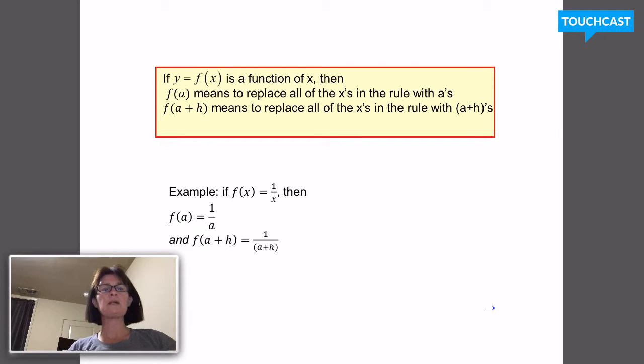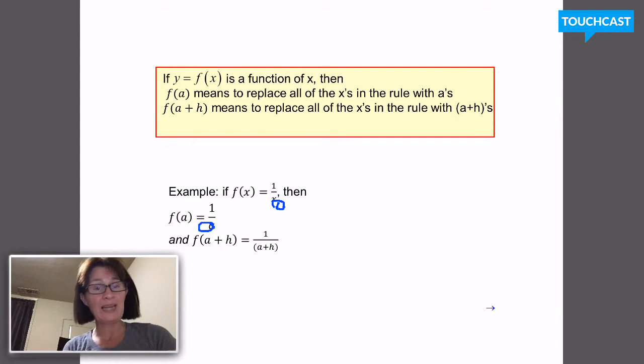So some examples here. If f of x is 1 over x, then f of a is going to be 1 over a. So you can see that everywhere I had an x in the rule, I replaced it with an a.